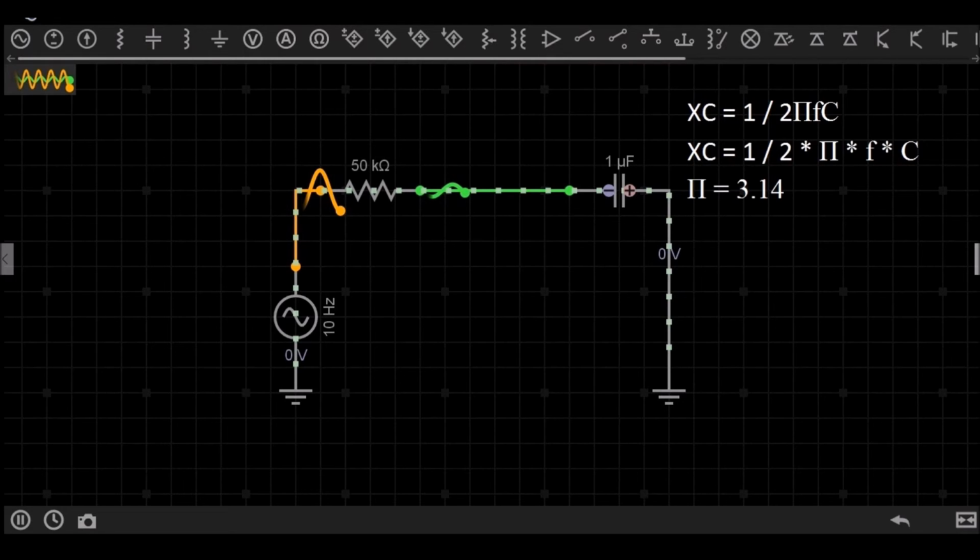Pi equals 3.14. 2 times 3.14 equals 6.28.